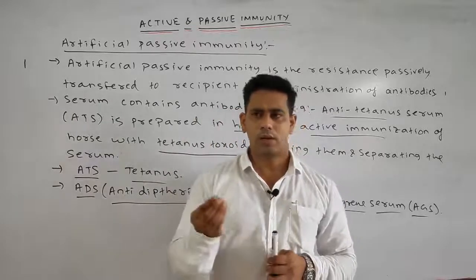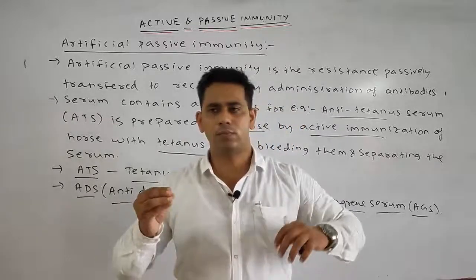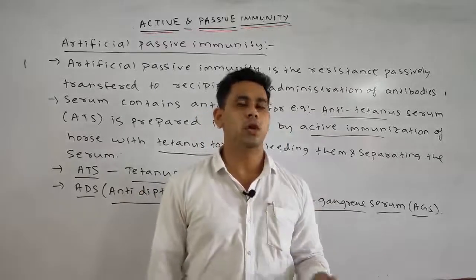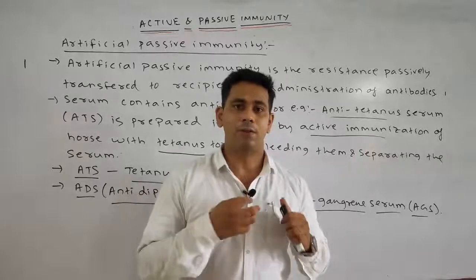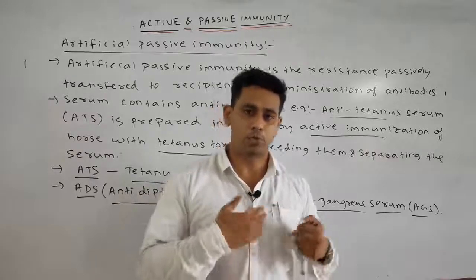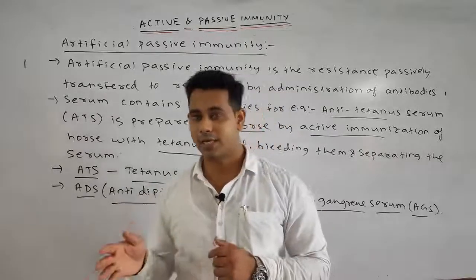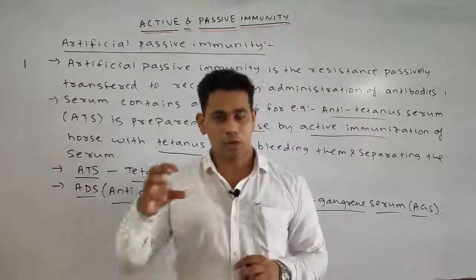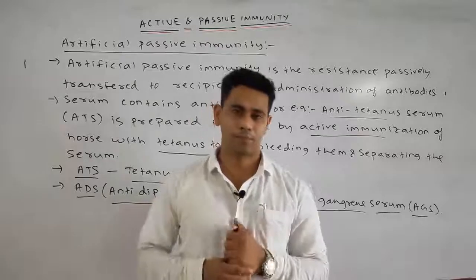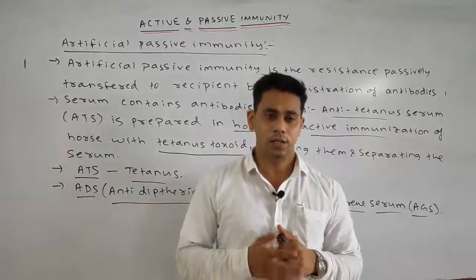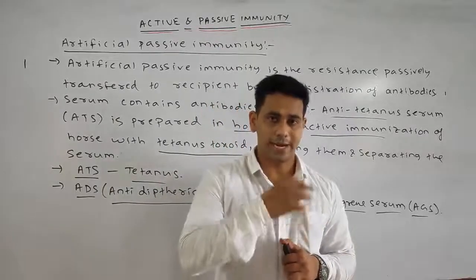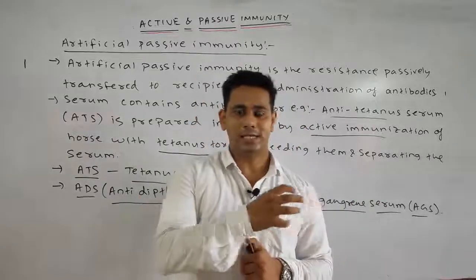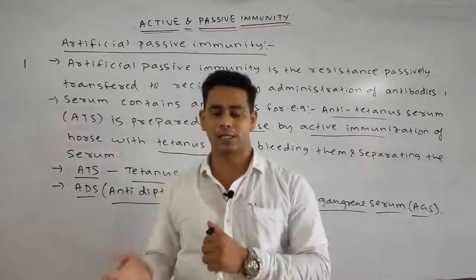You can write 4 to 5 short, major differences. In active immunity, our body's own immune system produces the antibody, but in passive immunity, the antibodies are transferred to the organism in a ready-made form. In active immunity, production of the antibody takes more time, but in passive immunity, as it takes ready-made immunity, it takes less time.